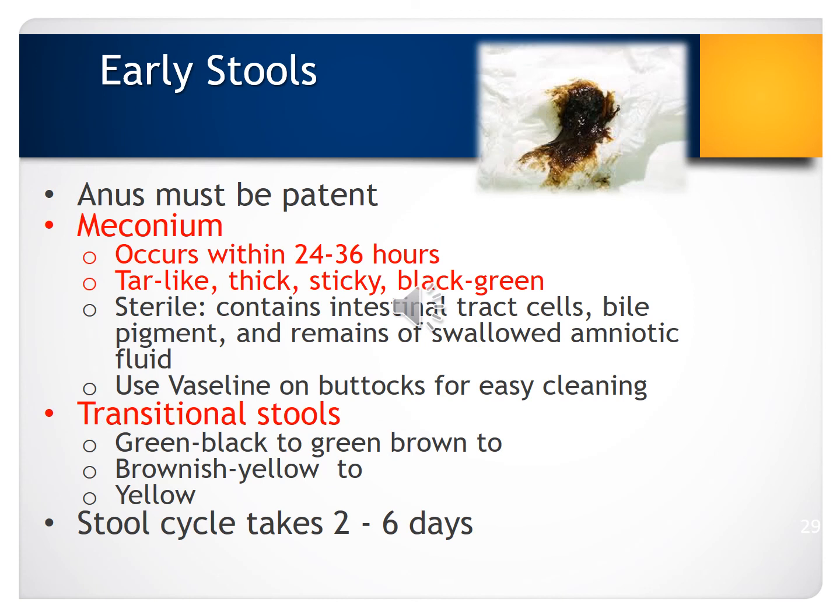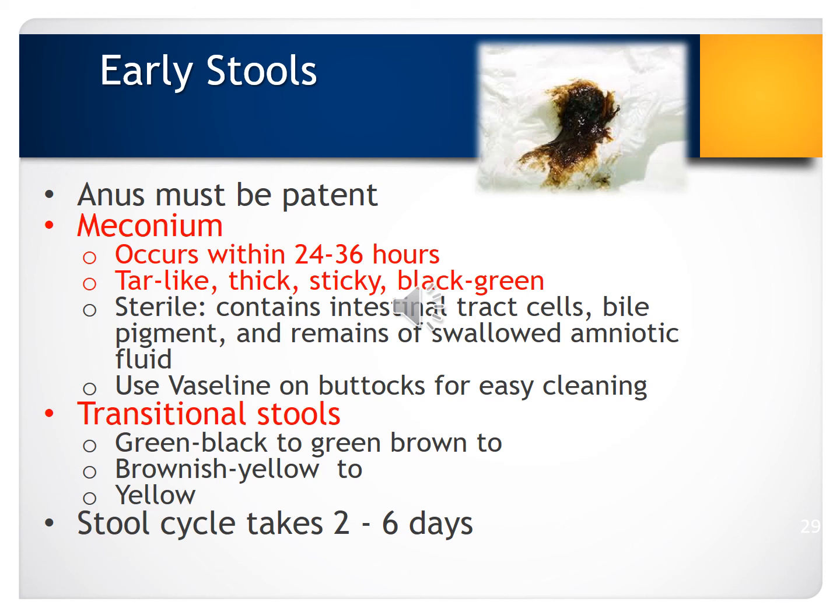One way to tell if the anus is patent is if there are stools. If the newborn has had a bowel movement, the first type of bowel movement is what we call meconium, and it's a thick, tar-like stool, and it contains bile pigment and remains of swallowed amniotic fluid. Then the stool changes into a transitional stool, and it changes its color and consistency.